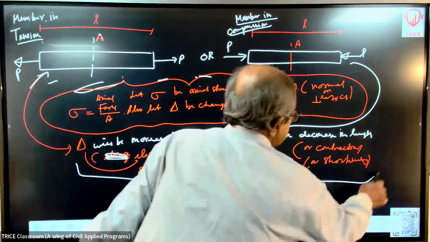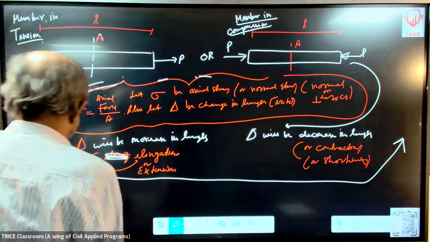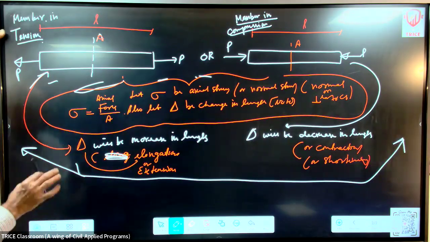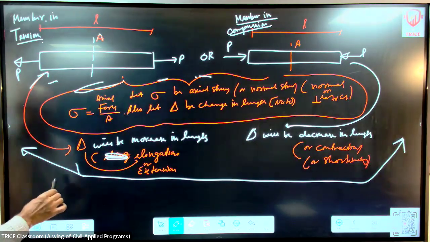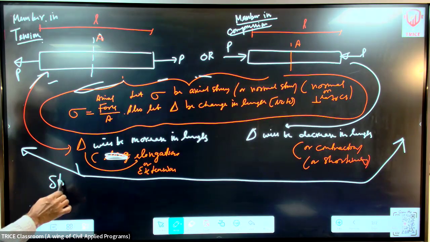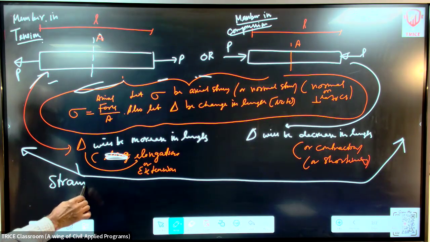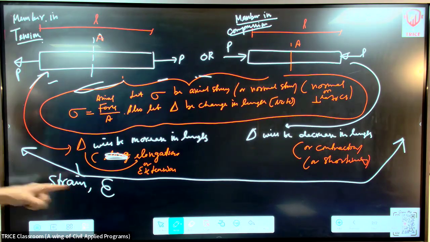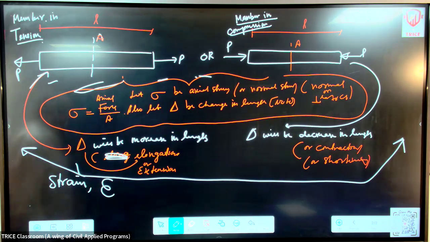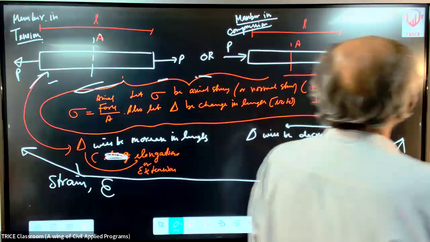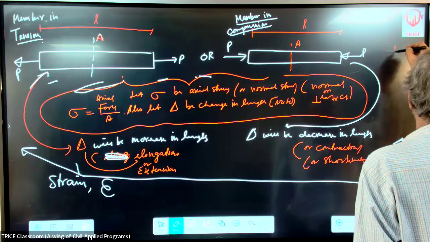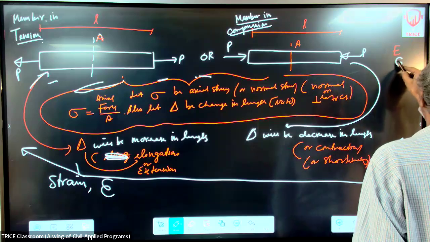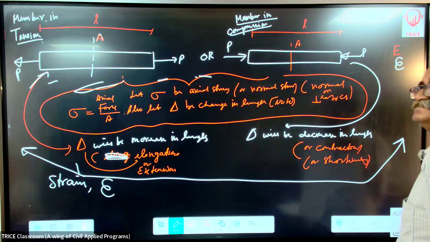Again common for both, a term called strain will come. Strain. The symbol is epsilon. Make a note: little later, you get one term called E. E is different, epsilon is different.